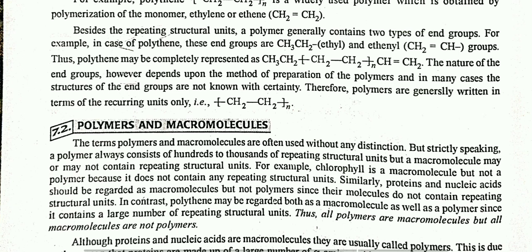Similarly, proteins and nucleic acids should be regarded as macromolecules but not polymers, since their molecules do not contain repeating structural units. In contrast, polythene may be regarded both as a macromolecule as well as a polymer, since it contains a large number of repeating structural units.